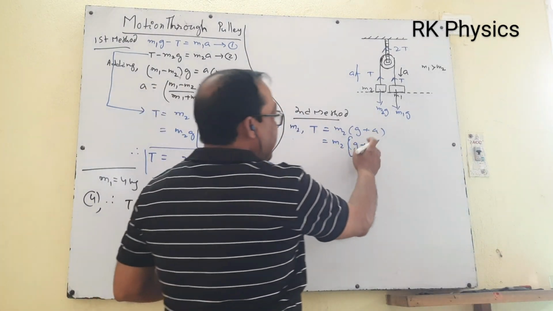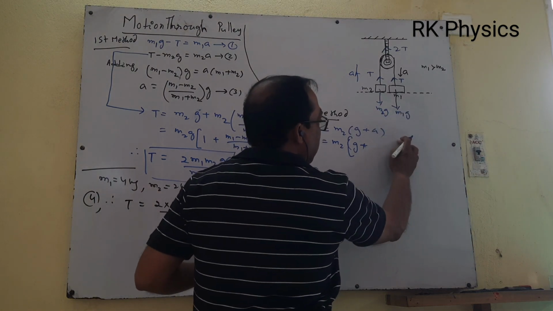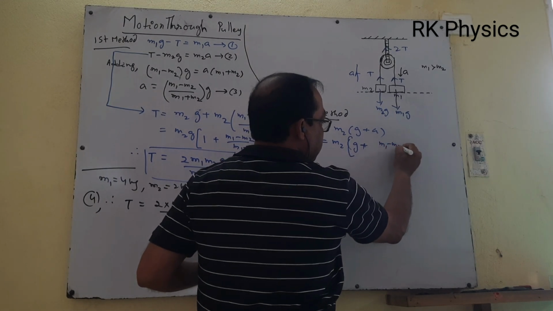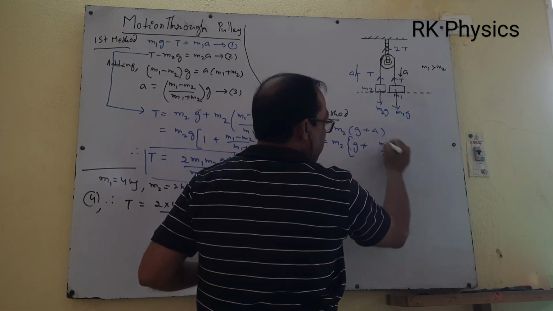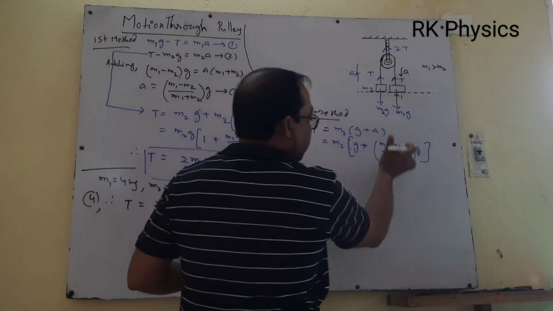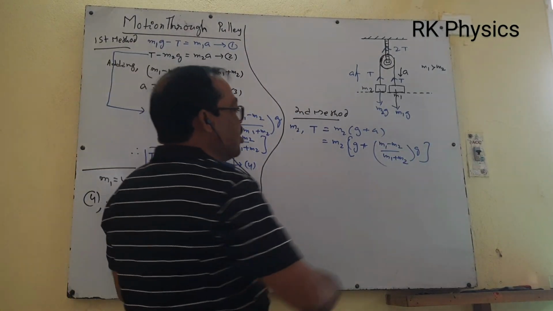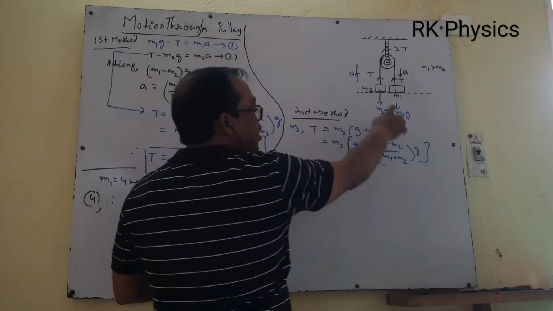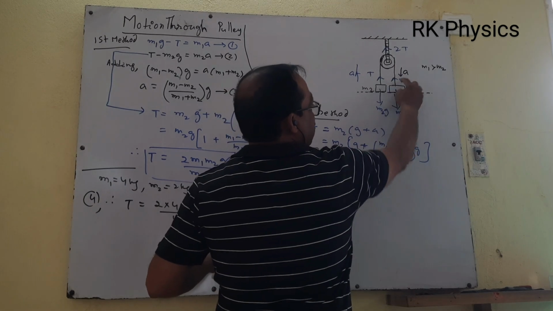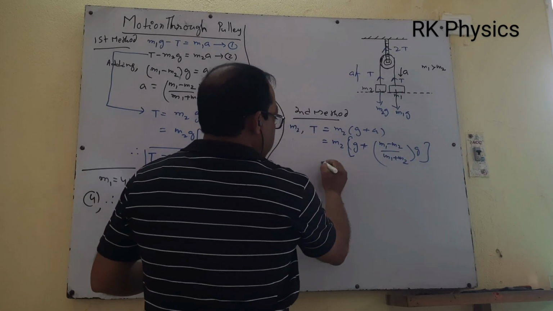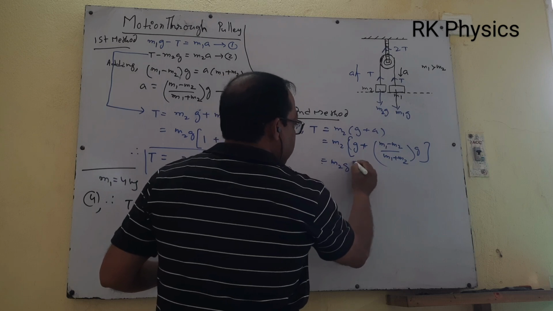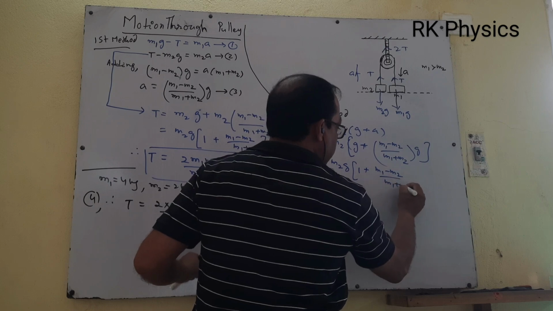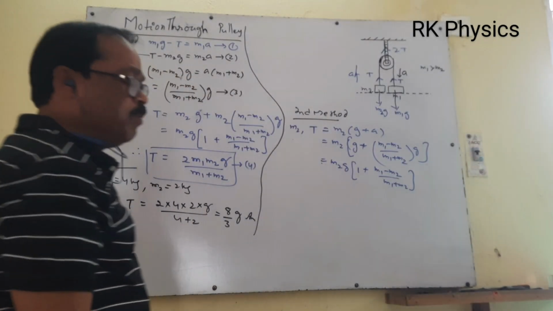A is the total force divided by total mass. m1g and m2g are oppositely directed, so a is (m1 minus m2) divided by (m1 plus m2), whole into g. This is the acceleration. Only these two forces are acting. If this is moving down, this force opposes the motion, because m2 is using this T. So this is m2g, and you take 1 plus (m1 minus m2) divided by (m1 plus m2). This is your formula. Okay.